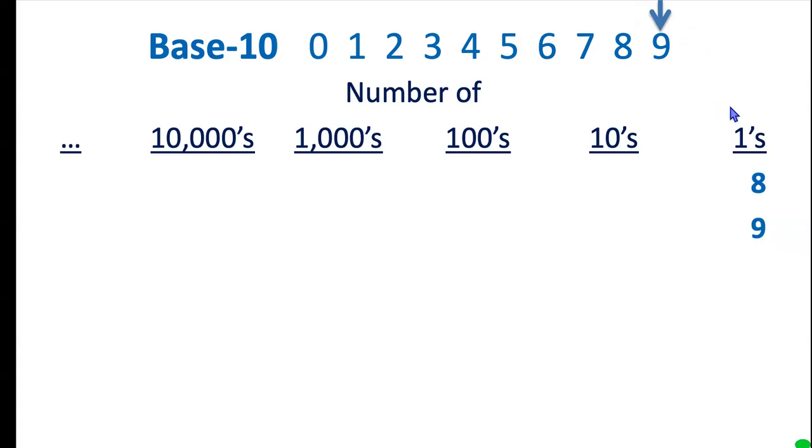Now, you already know the rule. Maybe you don't think of it like this, but you already know what to do. And if you know what to do in decimal base 10, you know what to do in base 2 or base 16. Just follow the rule. We've run out of digits here, so what do we do? We go over here, put a 0 in this column, and increase the next column by 1.